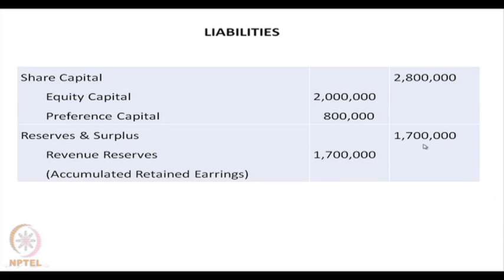Now, what is the position of the liabilities? On the owner's equity side, we have two items. One, the share capital. This is the stockholders', the owner's capital. There are two types of capital normally: equity capital and preference capital, we will discuss them just now.